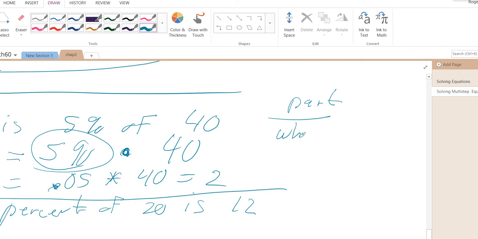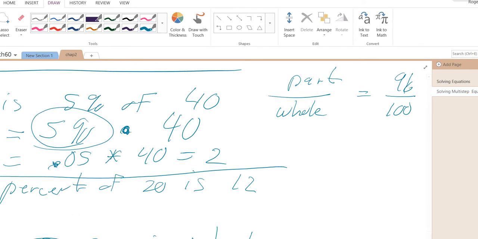And a lot of teachers teach it that way. All right, so the part would be, let's see, part is 40. The whole, I don't know, equals 5 over 100. I think that's how that works. Is that how it works out?